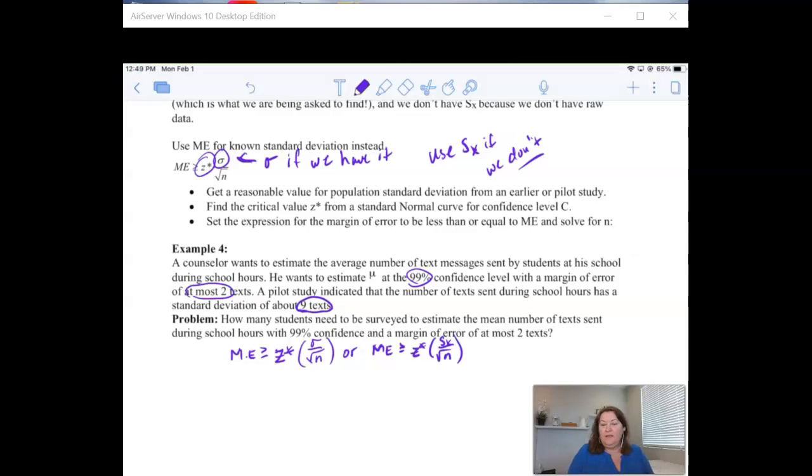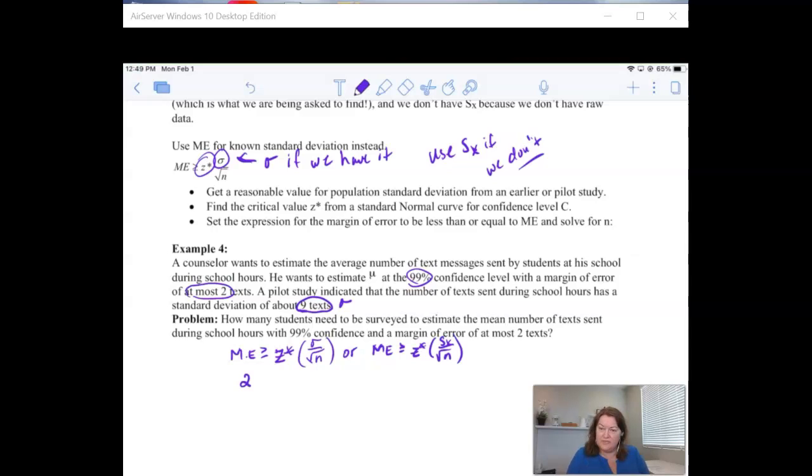So the 9 is going to go on top of that fraction no matter what, whether it was sigma or sample standard deviation. A pilot study indicated the number of texts sent during school hours, so I don't think the 9 texts relate directly to his sampling. I think it relates to the population. So in this case, I think we are using 9 as sigma instead. But that's okay, we're just going to plug in our numbers here.